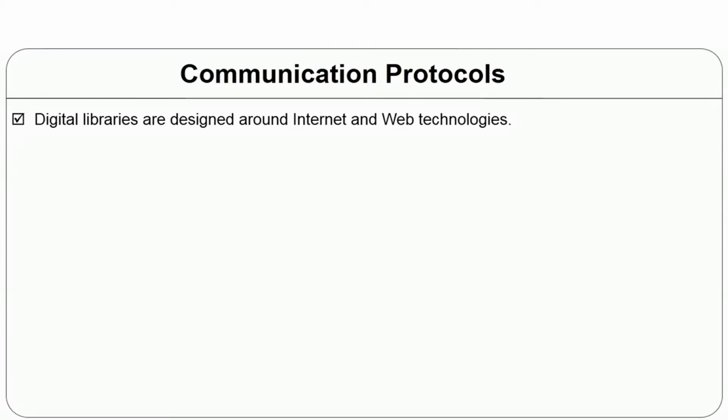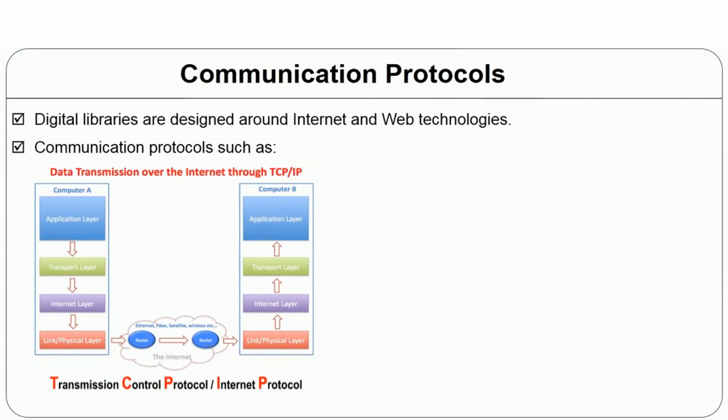So let me list out a few protocols which are very commonly used in the internet. The first, the internet is made using a protocol called TCP/IP. TCP/IP stands for Transmission Control Protocol / Internet Protocol. This is the basic protocol in transferring data over the internet. In 1984, Windsurf invented this protocol.